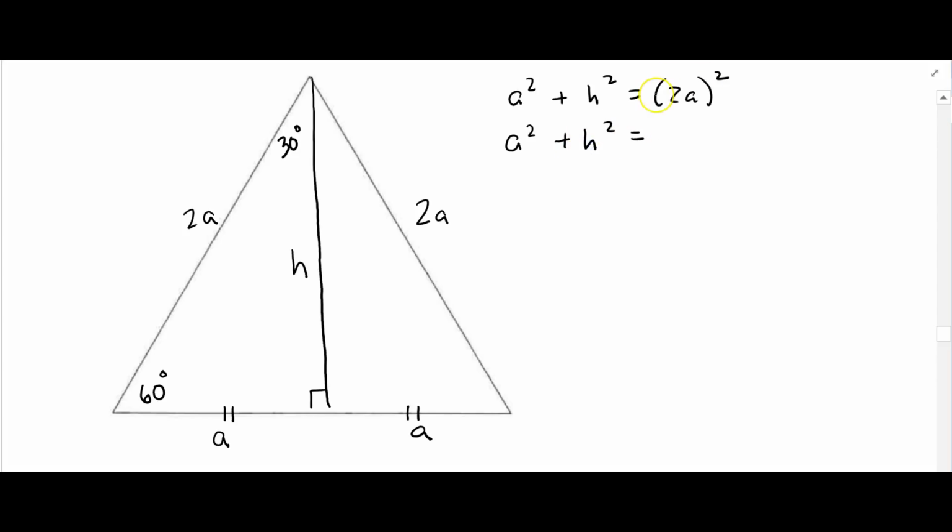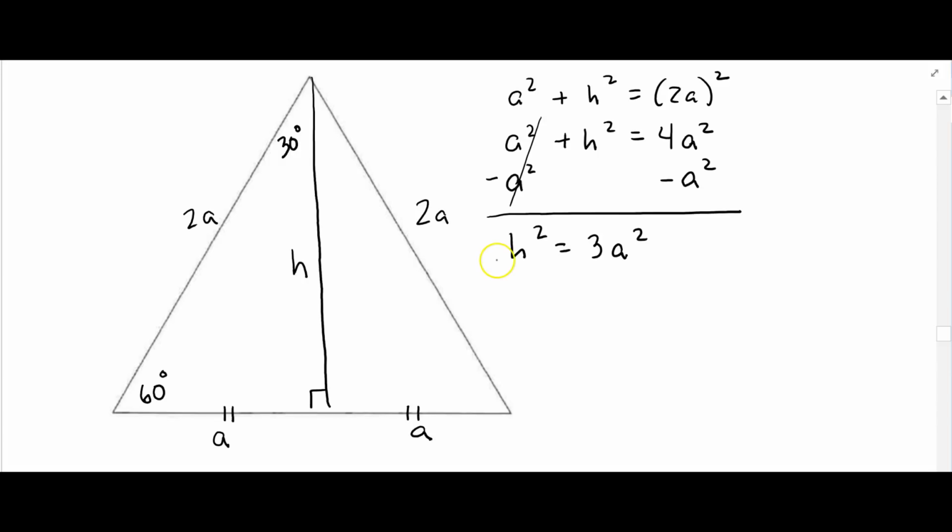When I square 2a, I get 4a squared. And then I'm going to subtract a squared from both sides.